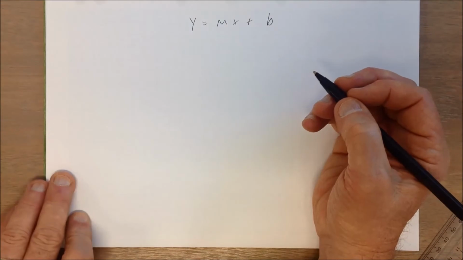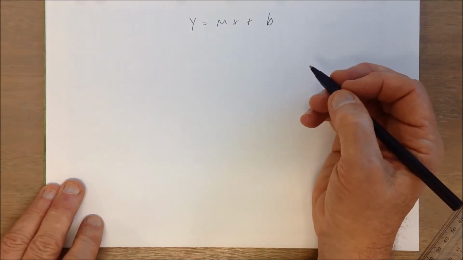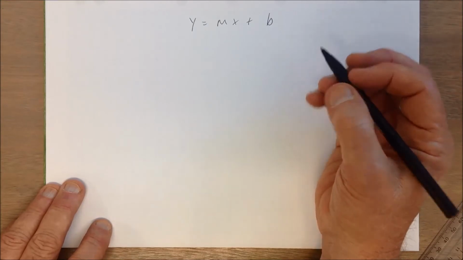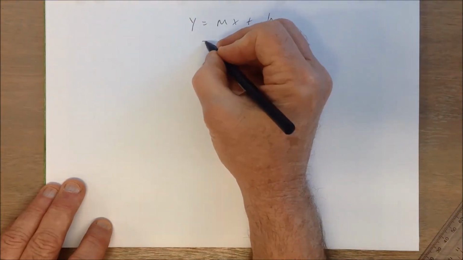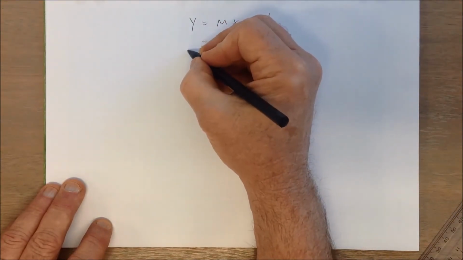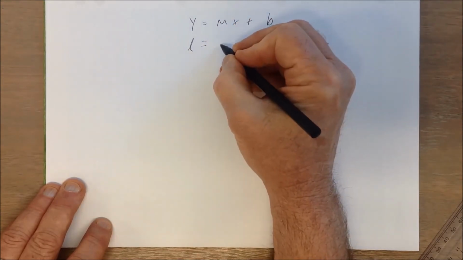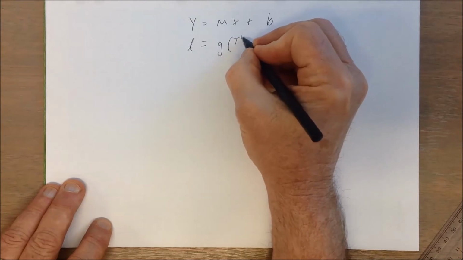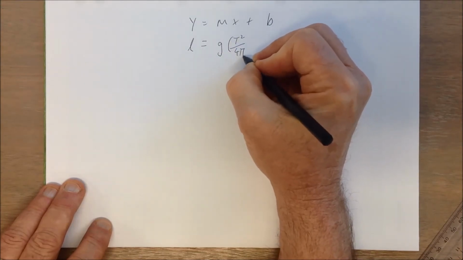Now, in the second part of this exercise, you're going to be reanalyzing your data from Practical 2, and you're going to be using the mathematical model length of a pendulum equals g times T squared over 4 pi squared.